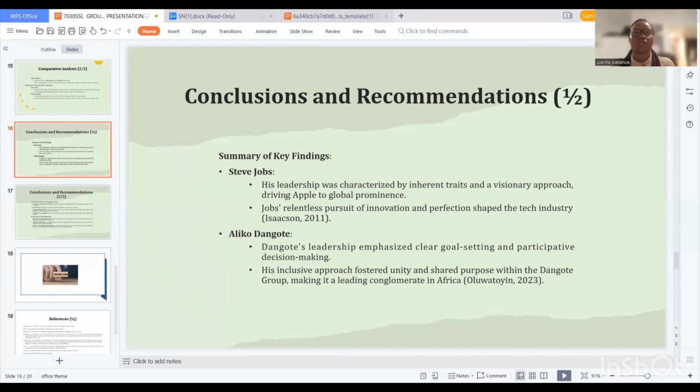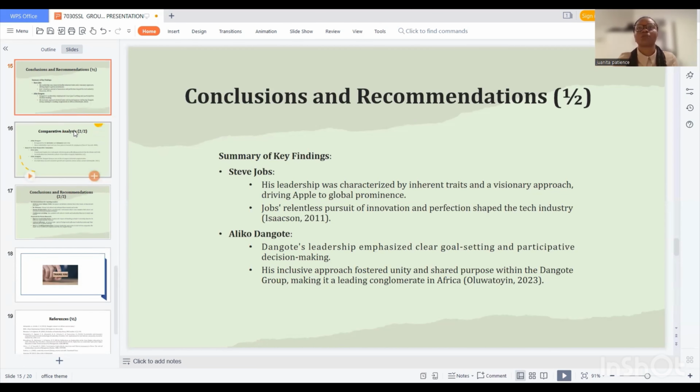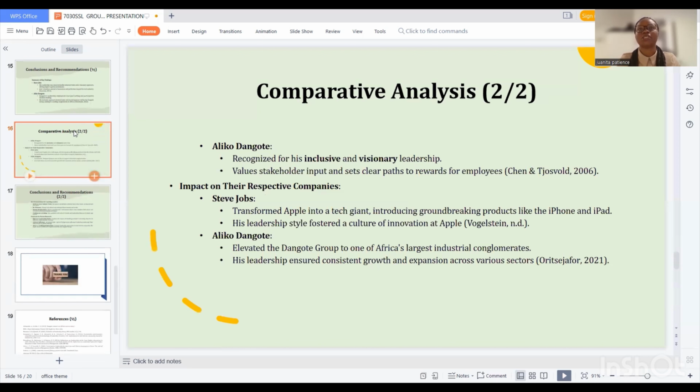Their leadership style has played a crucial role in shaping their organization, strategy, fostering innovation, and creating a positive work culture. Now, in order for aspiring leaders to succeed, it is important that they acknowledge and harness their distinctive leadership characteristics, possess a forward-thinking mindset, and actively engage stakeholders of their community in the decision-making process.